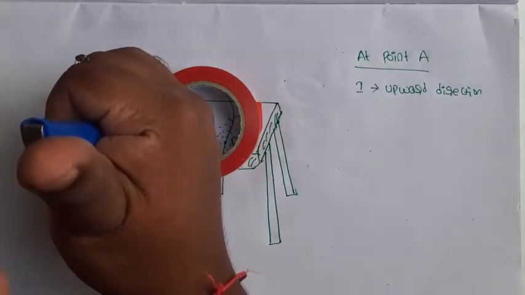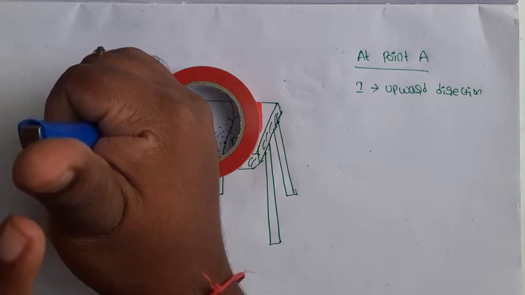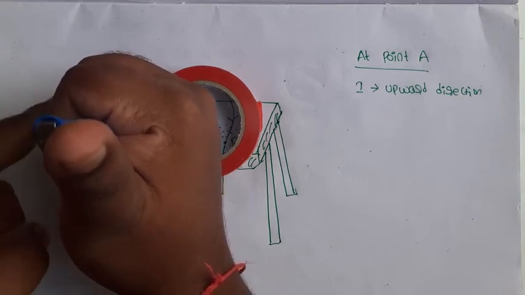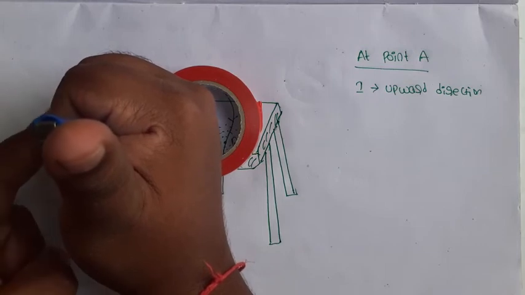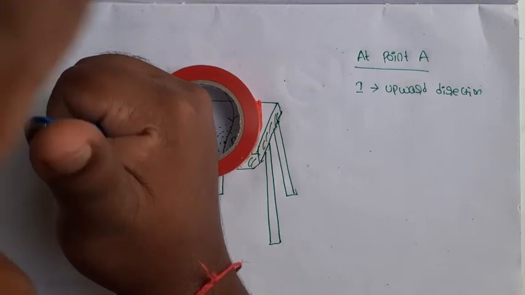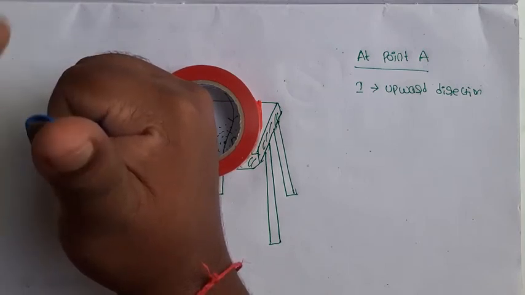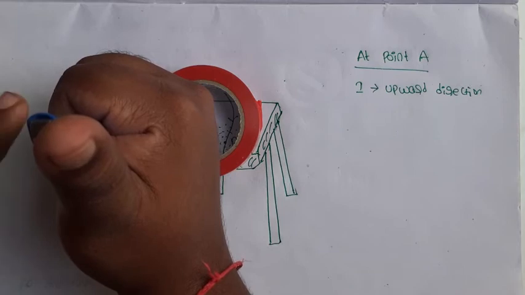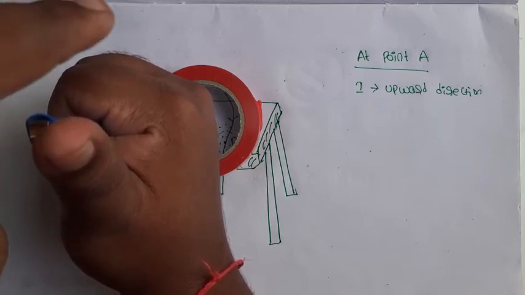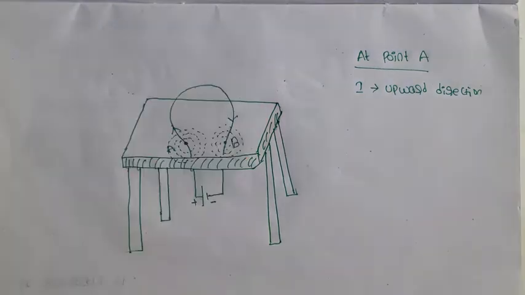The thumb represents the direction of the current, which is upward. What about the remaining fingers? These remaining fingers represent the direction of the magnetic field, in the anti-clockwise direction. So the current is flowing upward, so the magnetic field direction is anti-clockwise.